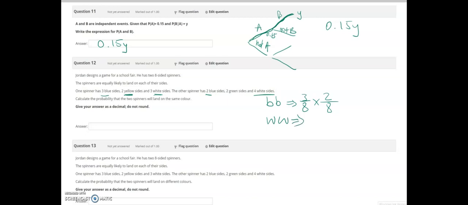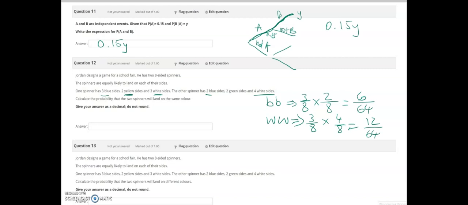For the first one, that is 3 out of 8. And for the second one, that is 4 out of 8. So multiplying these, we get 6 out of 64 and 12 out of 64.